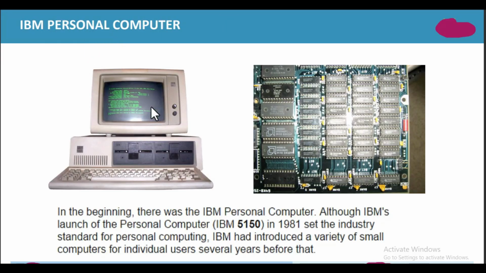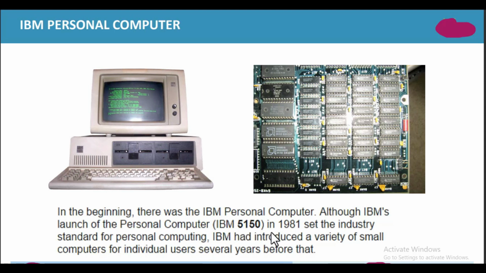IBM personal computer. In the beginning, there was the IBM personal computer. IBM's launch of the personal computer, the IBM 5150, in 1981 set the industry standard for personal computing.